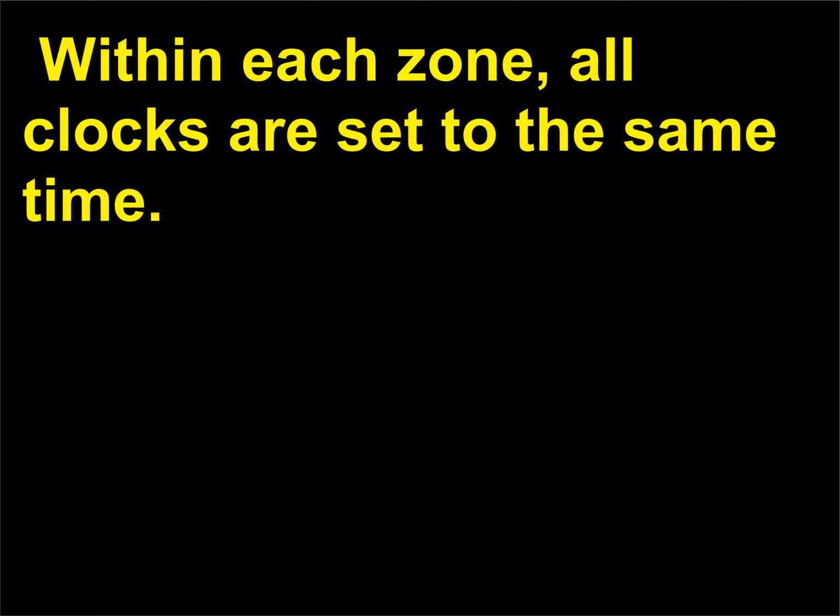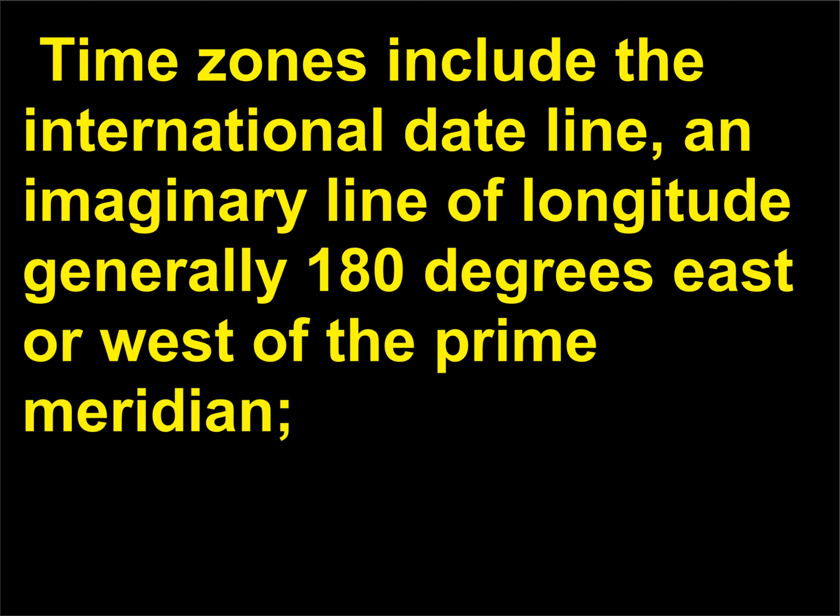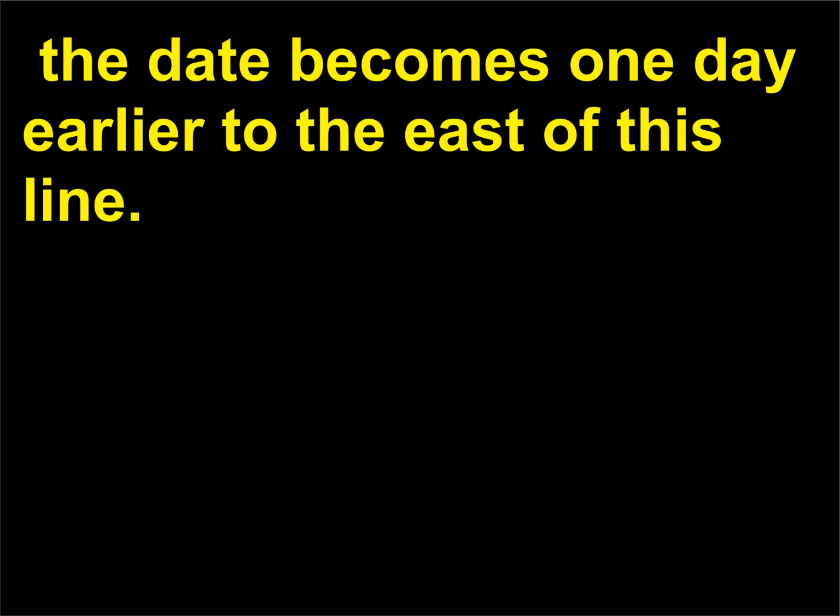Within each zone, all clocks are set to the same time. Time zones include the International Dateline, an imaginary line of longitude generally 180 degrees east or west of the prime meridian. The date becomes 1 day earlier to the east of this line.